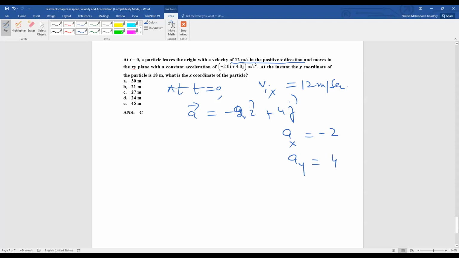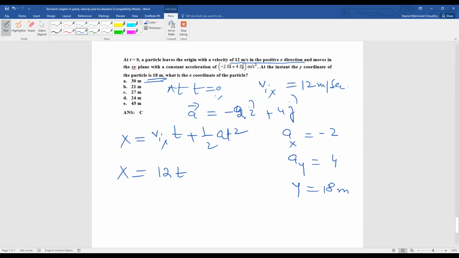At the instant the y coordinate of the particle is 18 meter. So y coordinate is 18 meter. What is the x coordinate? So we need the x coordinate. It's simple. X is equal to Vix into t plus 1 over 2 a t square. This is the formula we are applying. And x is equal to Vix, 12, into t.